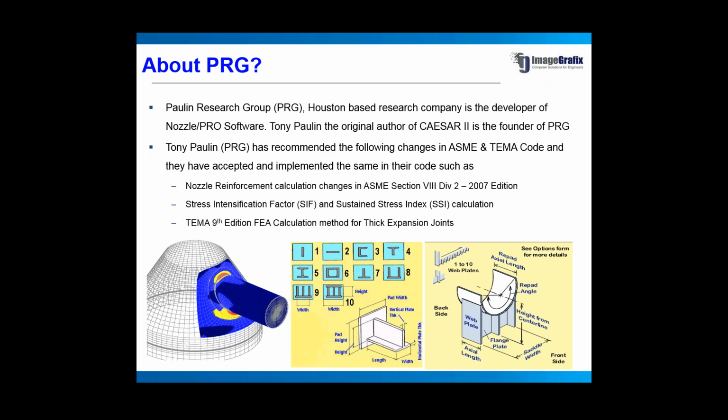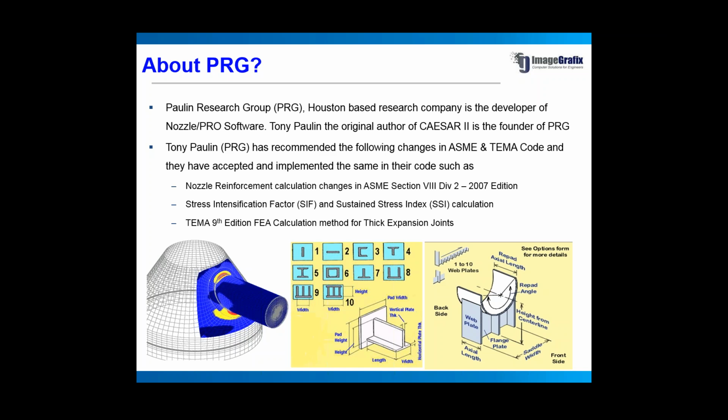So when you are doing a re-rating of the existing vessel, PVElite is helpful for the general metal loss, local metal loss and pitting, and for the crack like flaws you can use Nozzle Pro, which makes your analysis suite complete according to the kind of flaw you have.